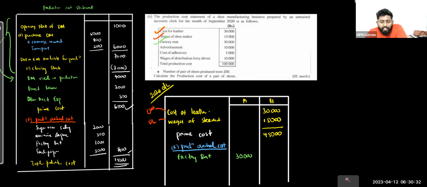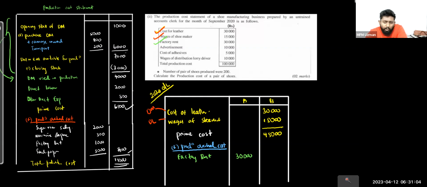What about advertisement, guys? Where do we record it? Will I record it here? Advertisement is also a cost, but is it a cost that is incurred when you're producing, guys? Normally, if you have done the statement of profit or loss at school, you would have done administration expense, distribution expense, finance expense, other expense.